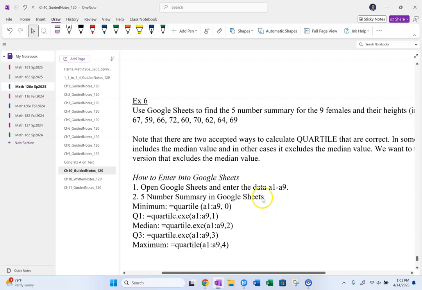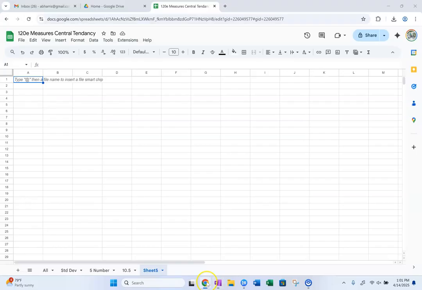Let me open up Google Sheets. Open up a new Google Sheet and let's go ahead and enter our data. It was 67, 59, 66, 72, 60, 70, 62, 64, and 69.